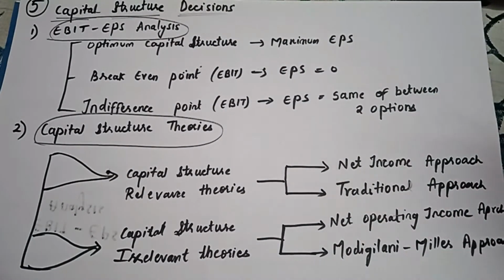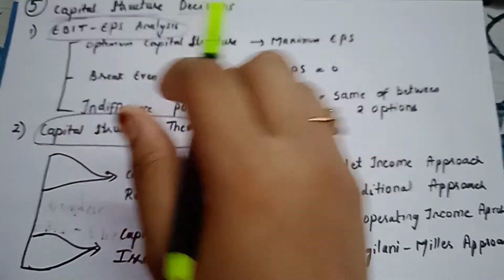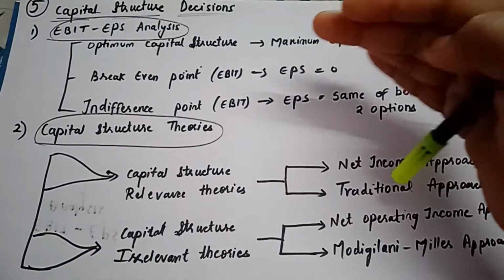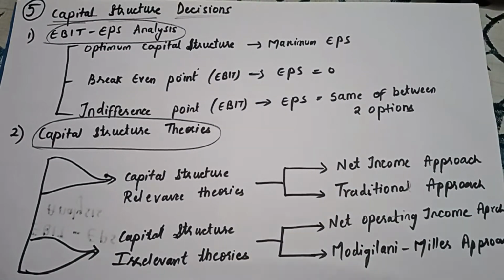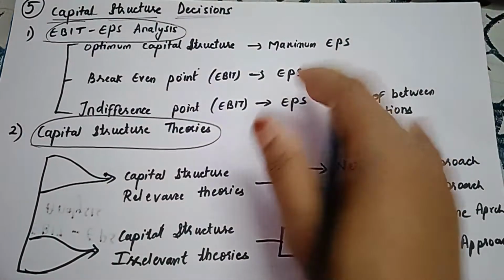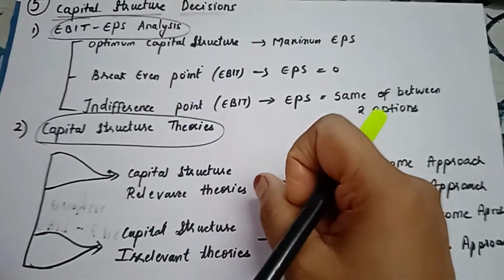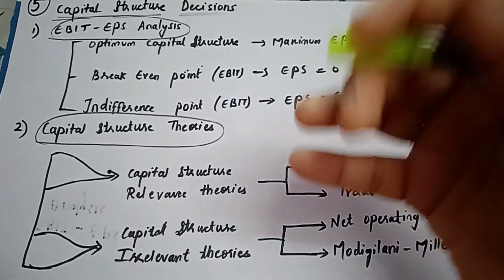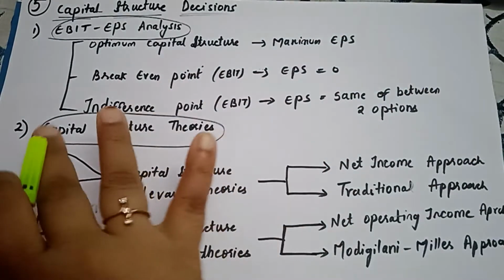Okay, now let's see, this is the fifth chapter in our study material, that is capital structure decisions. What are capital structure decisions? We have already seen in the previous class that it comes under the financing decisions, right? Last time we discussed what comes under the financing decisions: the decisions regarding from where we should collect the funds, and what should be the capital base.